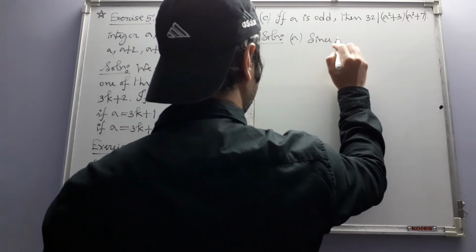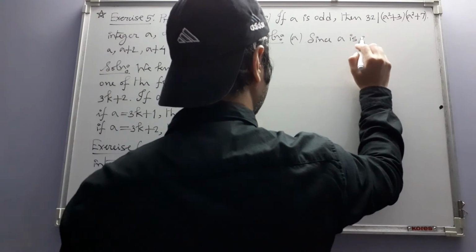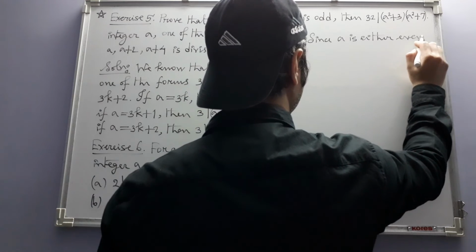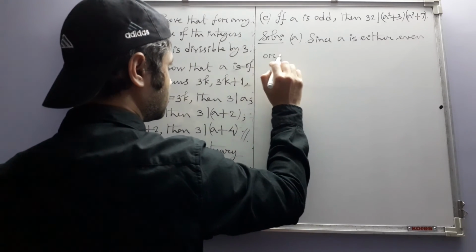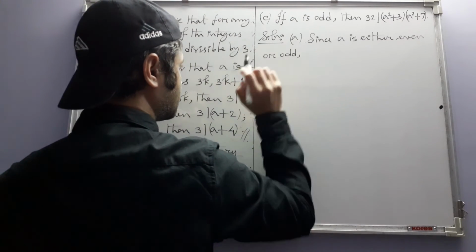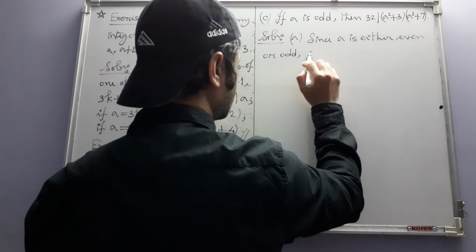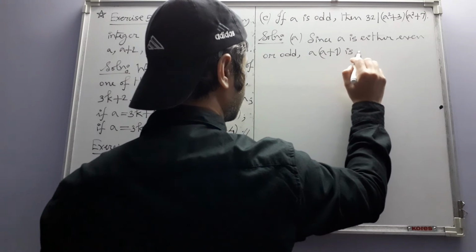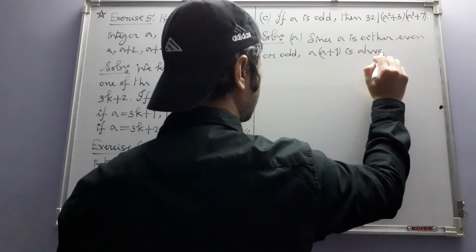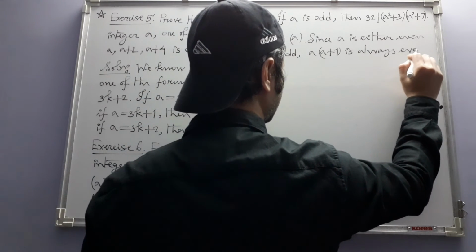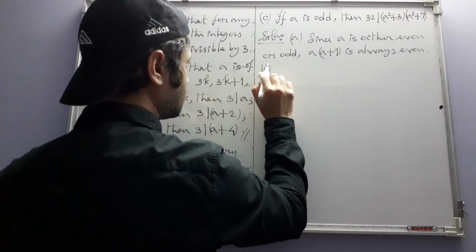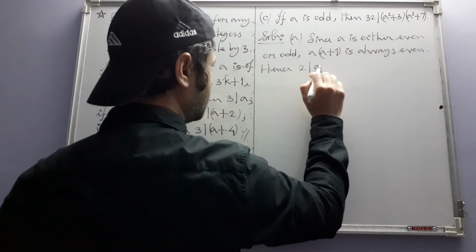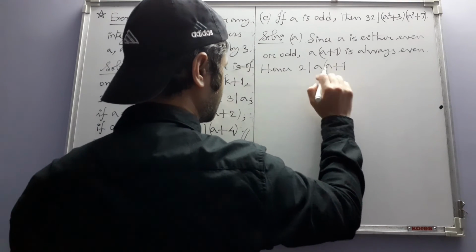Since a is either even or odd, a times a plus 1 is always even, hence 2 divides a times a plus 1.